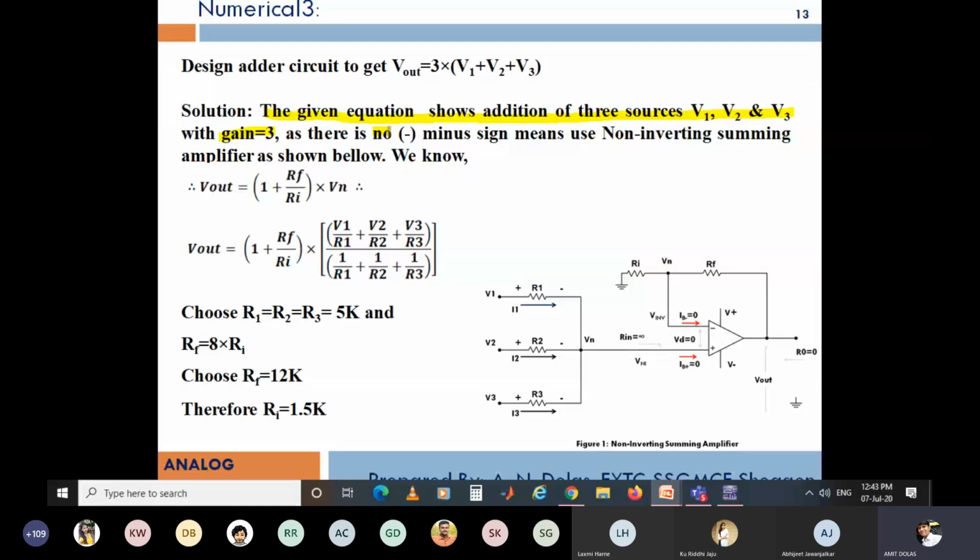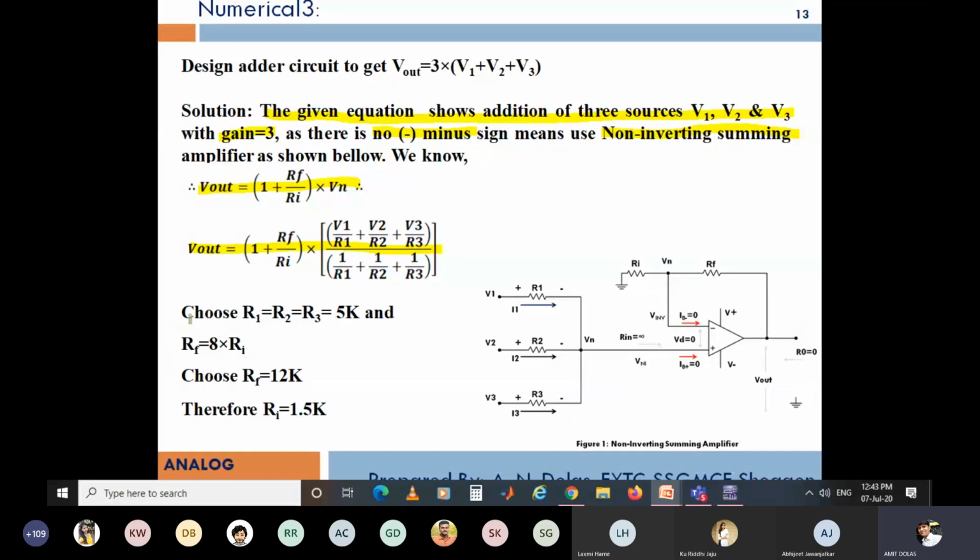No minus sign means non-inverting summing amplifier, of course, and we know the output voltage is equal to 1 plus Rf upon Ri into Vn. Complete is 1 plus Rf upon Ri into the value of Vn.